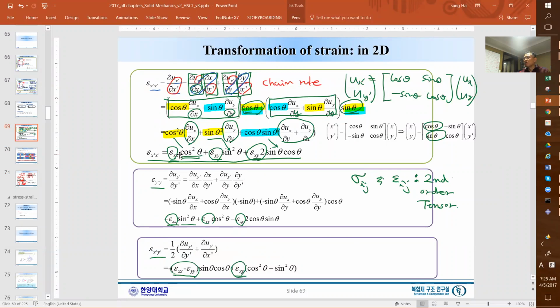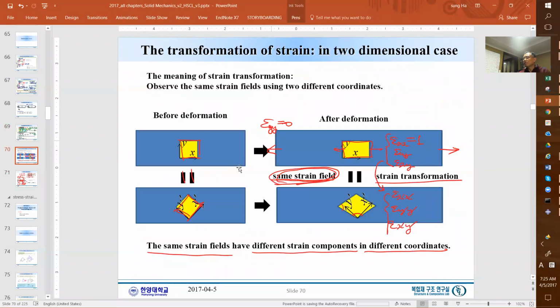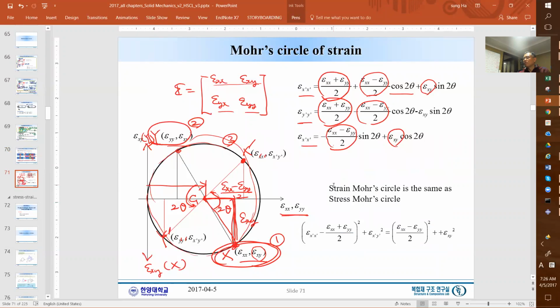We just used the chain rule, and we come to this conclusion for epsilon xx, yy, xy, and we notice that strain transformation is exactly the same as stress. This is the important drawing and meaning of strain transformation, and we are able to draw the strain Mohr circle for the strain field.